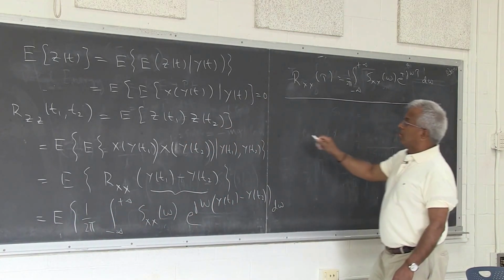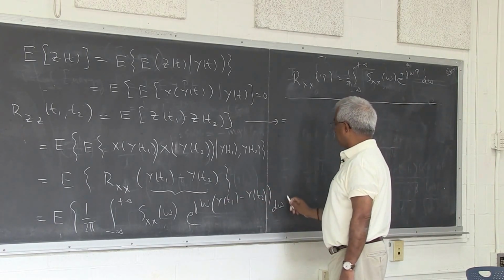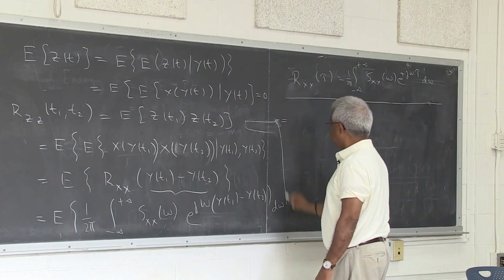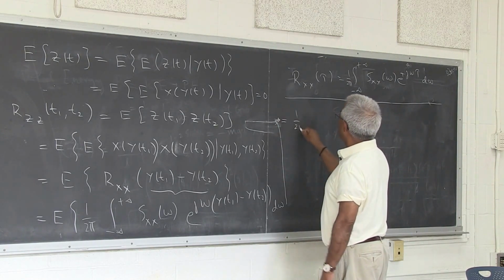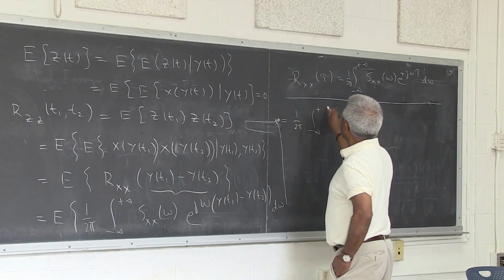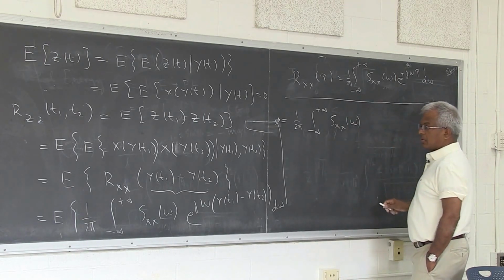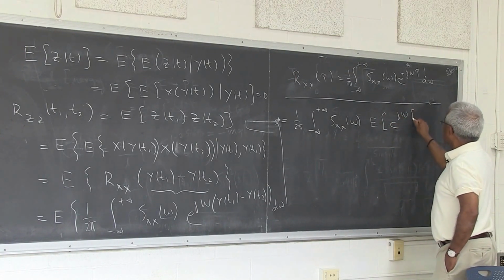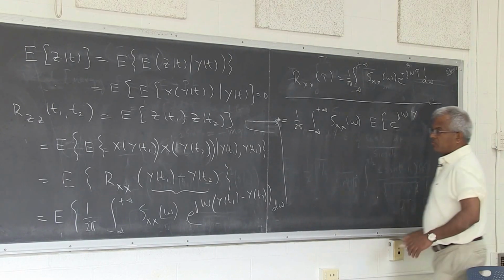So consequently this now reads rzz, which is all this, or 1 over 2 pi, integral from minus infinity to plus infinity, sxx omega e to the power j omega of, let's say, some random variable y, which is this one.